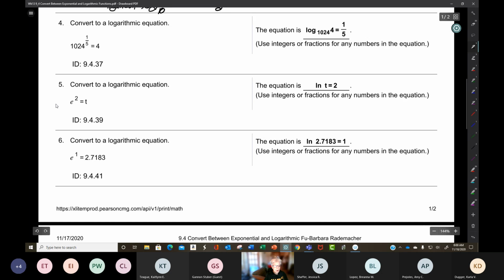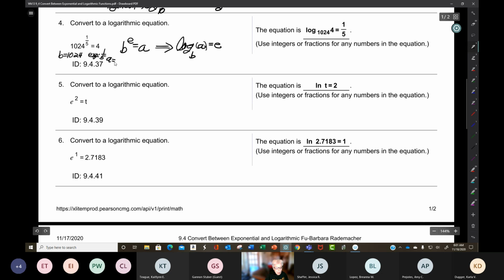Okay, this looks absolutely horrible, but they want us to go from base to exponent equals argument. They want us to go from here to here, log base argument exponent. So B is 1024. Exponent, or E, oops, is 1/5.